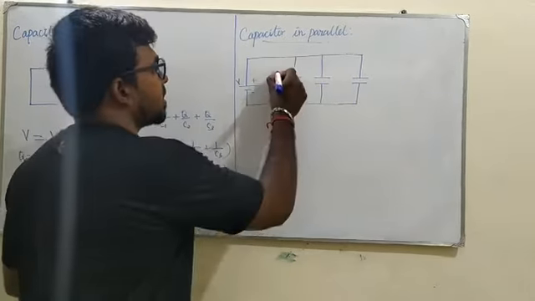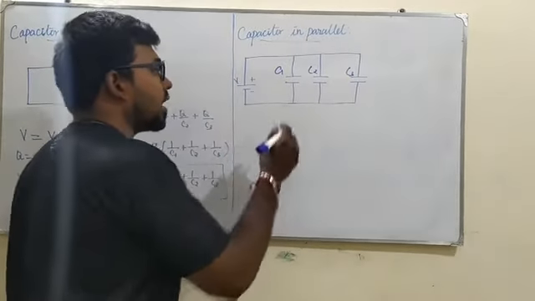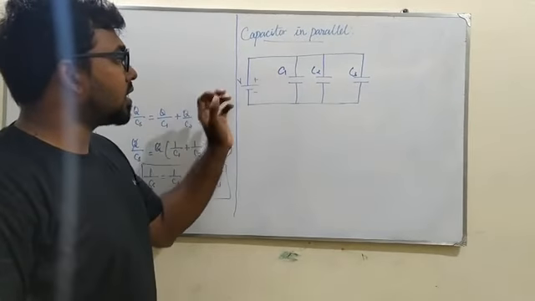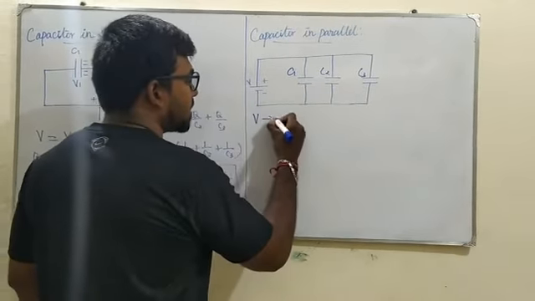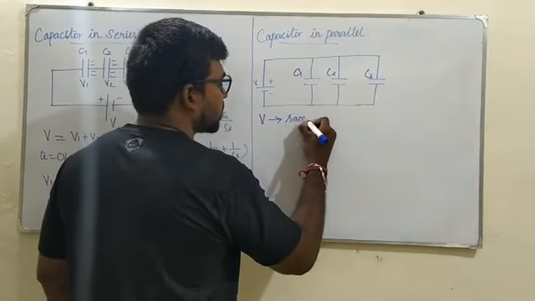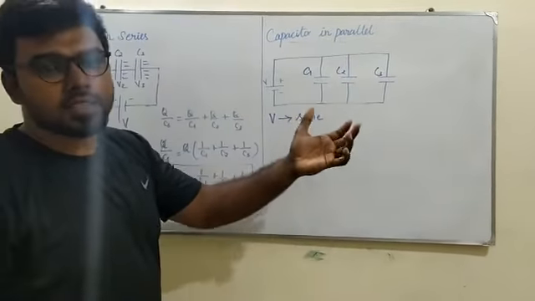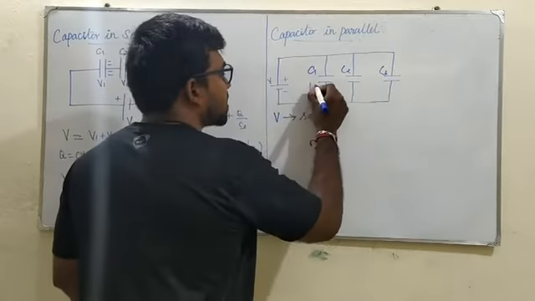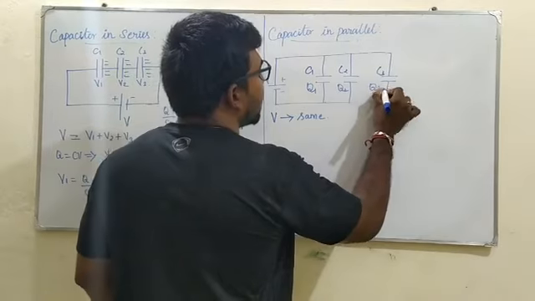Consider three capacitors C1, C2 and C3 connected to a battery of voltage V. Since the capacitors are connected in parallel, the voltage across the capacitors remains the same, and the capacitors have different capacitances. The charge stored in each capacitor varies, so we write it as Q1, Q2 and Q3.